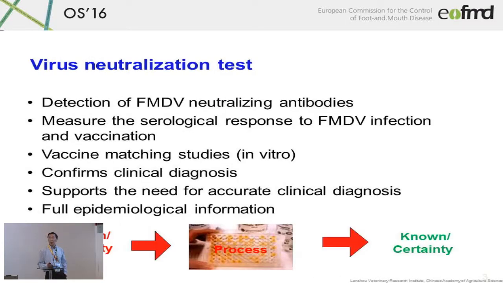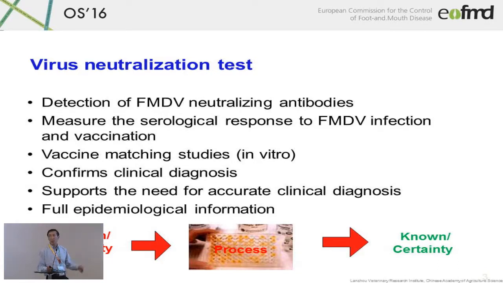Probably we heard quite a lot yesterday and today about the virus neutralization test. This test, of course, is used for detection of FMD neutralizing antibodies, for the measurement of the serological response to FMD infection, and also for vaccination, particularly if you want to monitor the immunity in vaccinated animals.